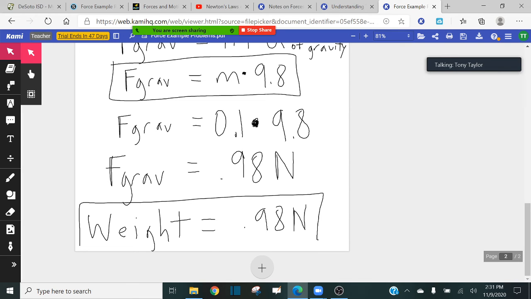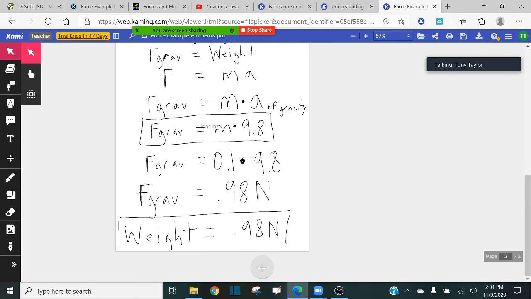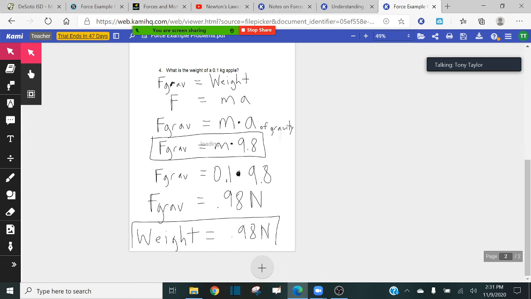Now, of course, you can easily convert between newtons and pounds if you know the conversion factor, but we're not really worried about that right now. Just know that in this class, instead of using units of pounds for weight, we typically use newtons. Any questions on how to find an object's weight if you know the object's mass? Any questions?